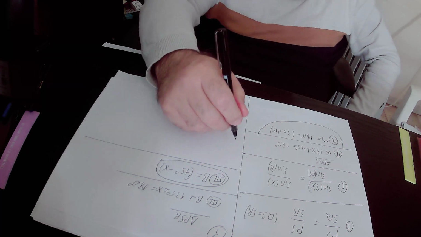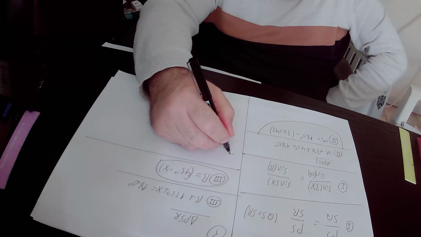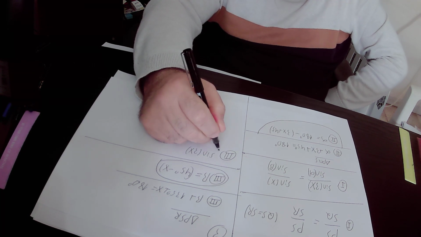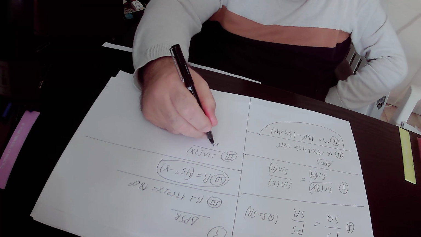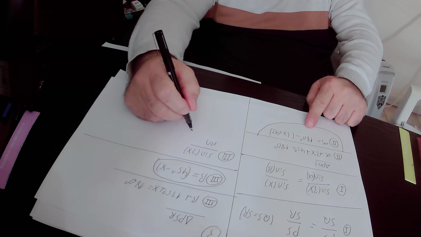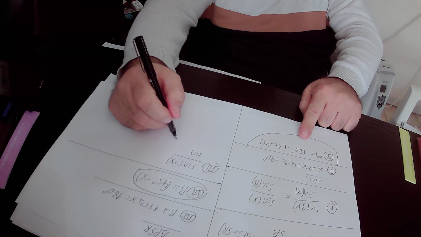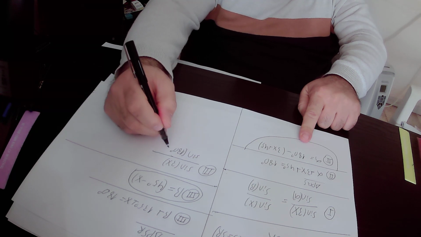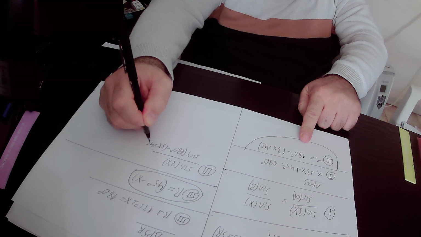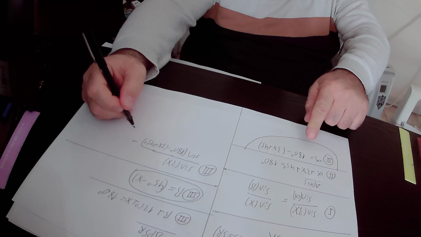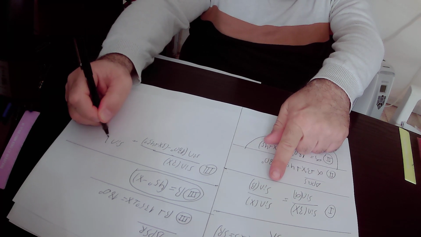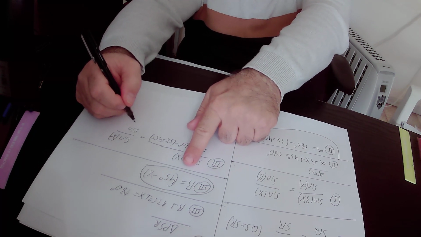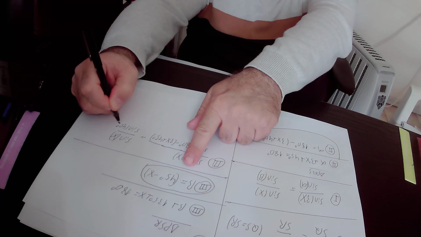And we will get that sine 3x over sine alpha, and alpha according to equation number 2 is equal to 180 degrees minus (3x plus 45 degrees), equals sine x over sine beta, but beta according to equation number 3 equals 45 degrees minus x.